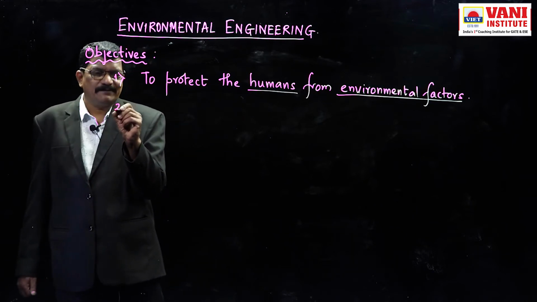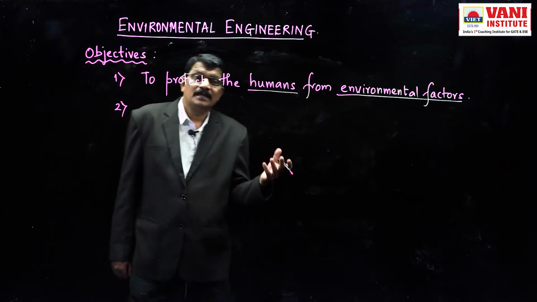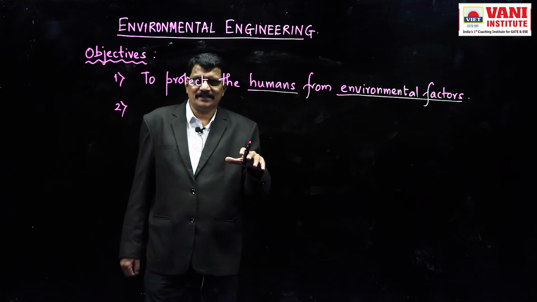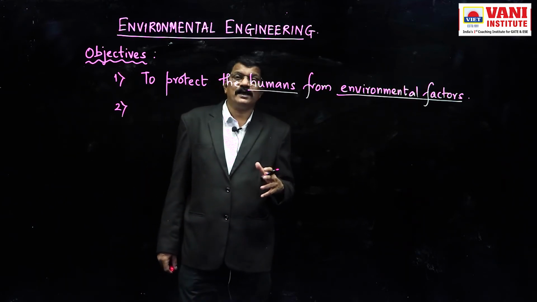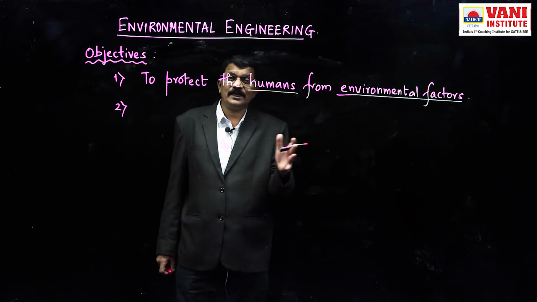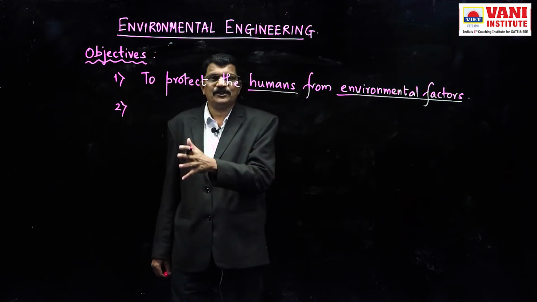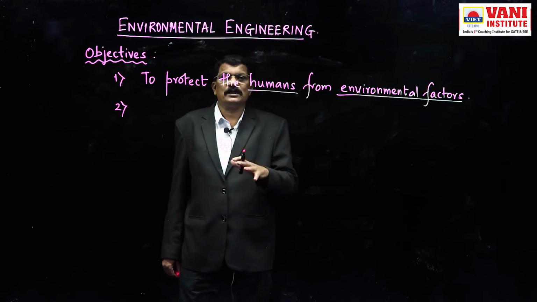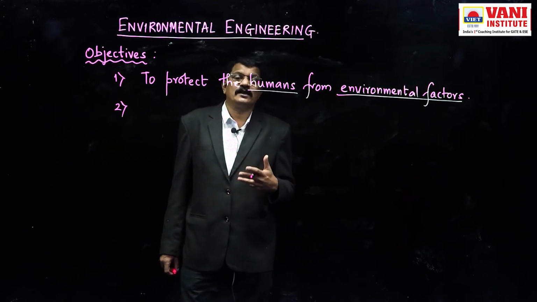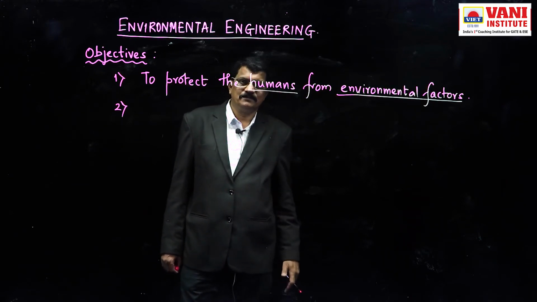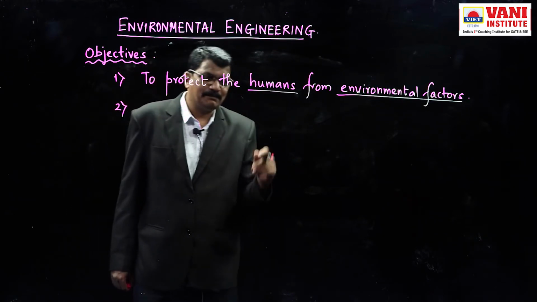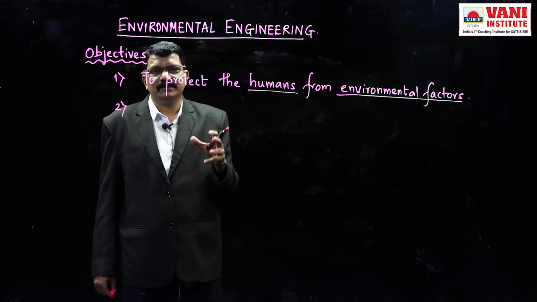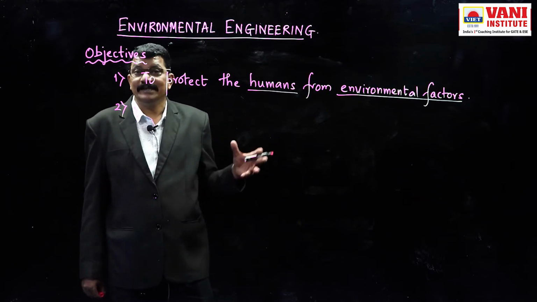The second objective is in contrast to this. As I have mentioned earlier, it's a case of symbiosis between human life and the environment in which they stay. Each one depends on the other for their proper survival. The first part, as I just mentioned, is how to protect the humans from the environmental agencies.